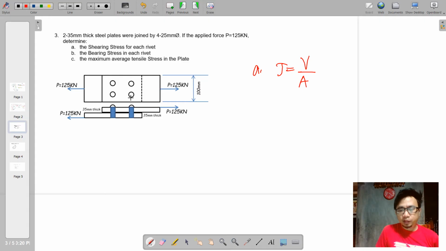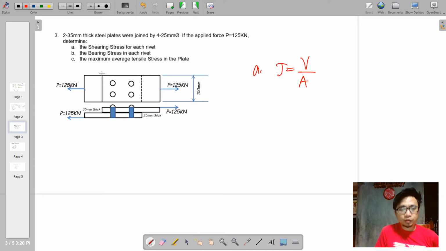What will be the force in each of the rivet? So if this is the setup, there's no condition telling what is the distribution of this 125 on each of the rivet. We will just assume that these are equally divided on each of the rivet.